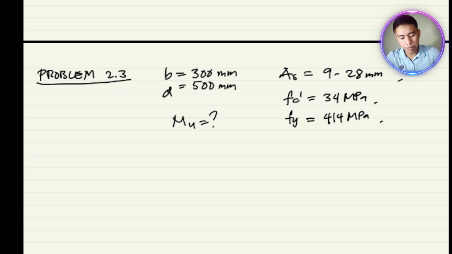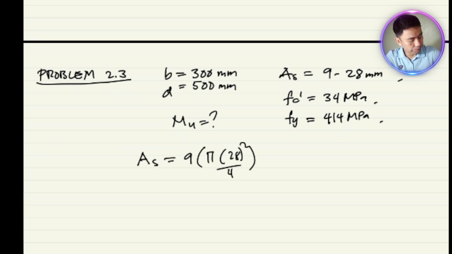Question is find MU. Okay. So since we have given the area of bar, we can solve AS. That is 9 times pi times 28 squared over 4. Okay. So the area is 5,538.96.